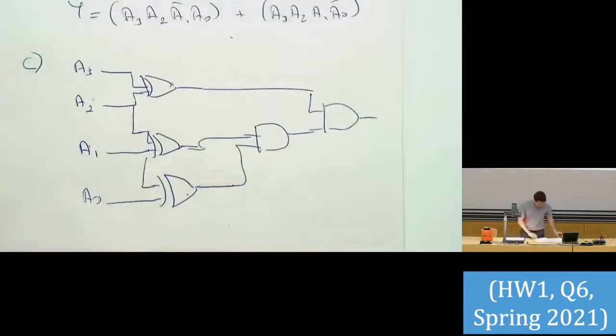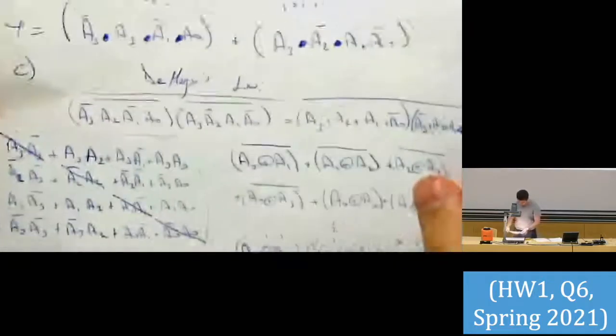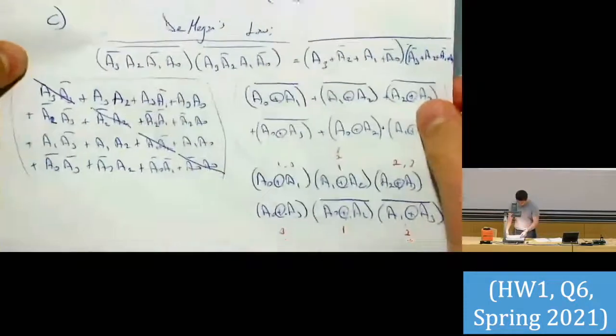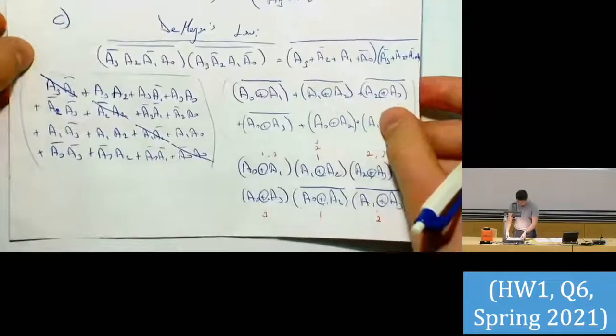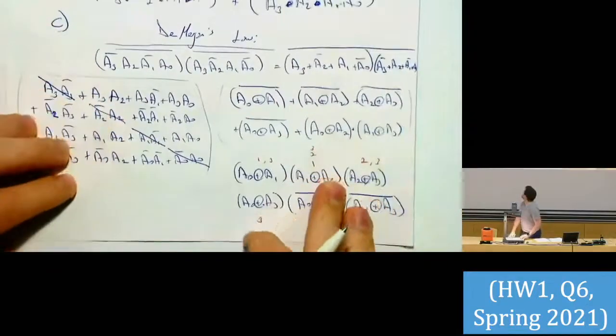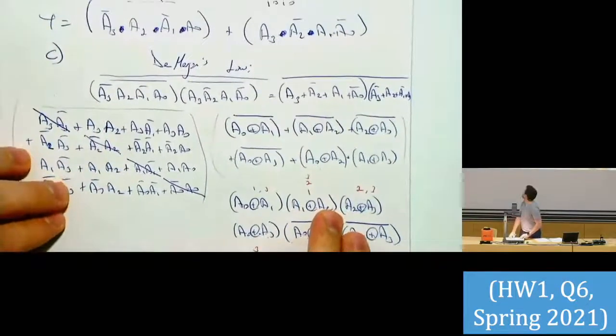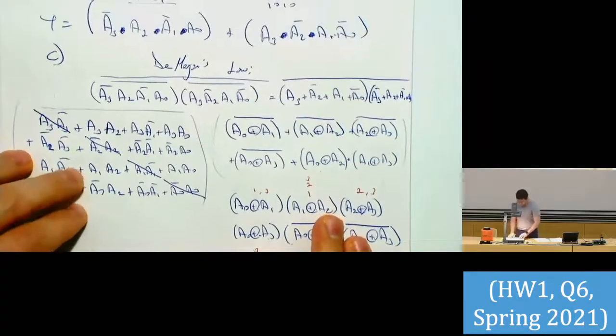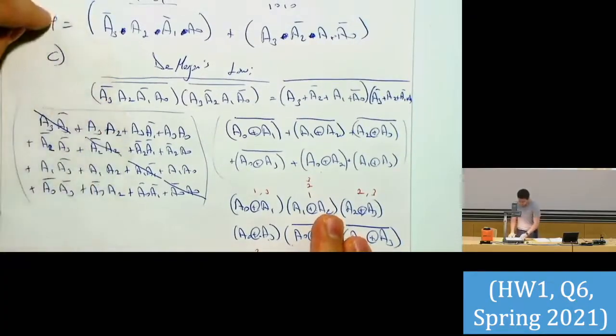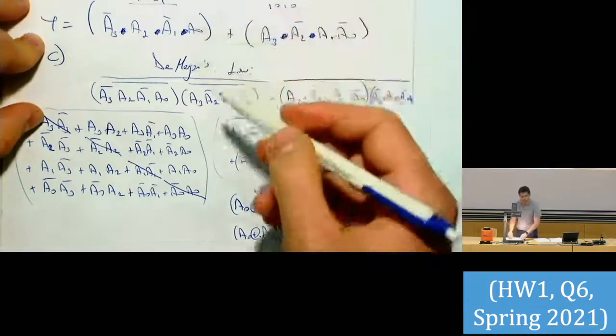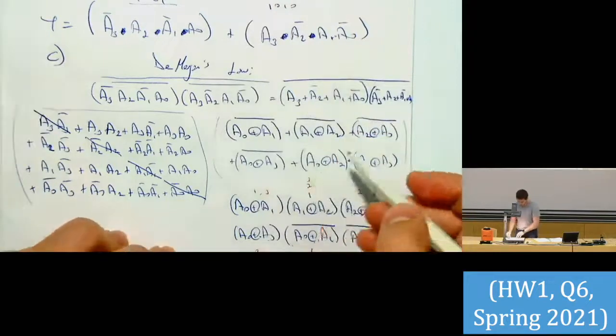So if you need to prove that this is actually correct, I have something written here. What you need to do is write Y in a Boolean equation and also take the De Morgan, right?